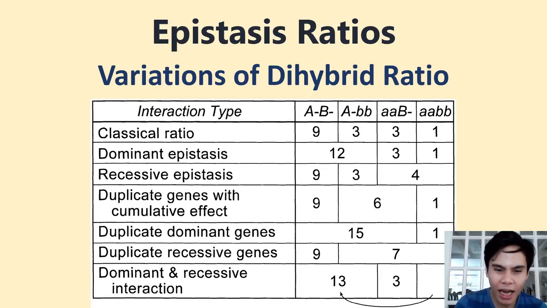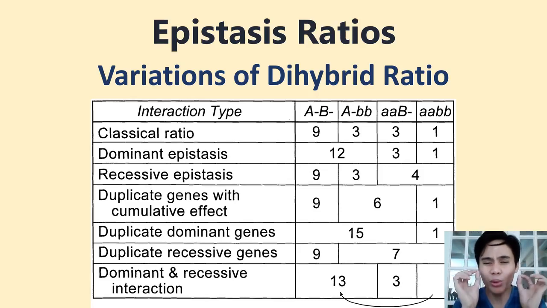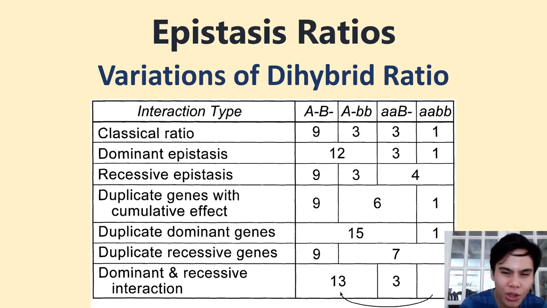So depending on how it is affected, you have variations of this ratio. You don't have to memorize this, but you do have to understand how to manipulate your dihybrid ratio. Again, if we say that one gene affects another, and depending on how it affects the other gene, you have to be able to modify this ratio to get the type of interaction. Again, no need to memorize the names, but the numbers and how we get those numbers, you'll have to understand.